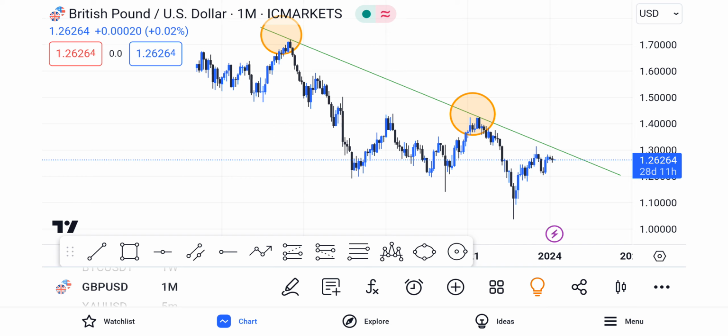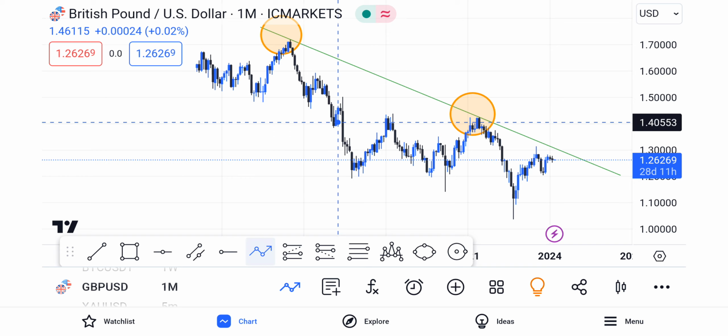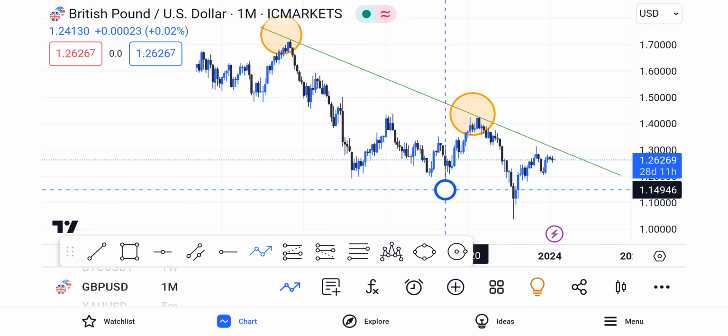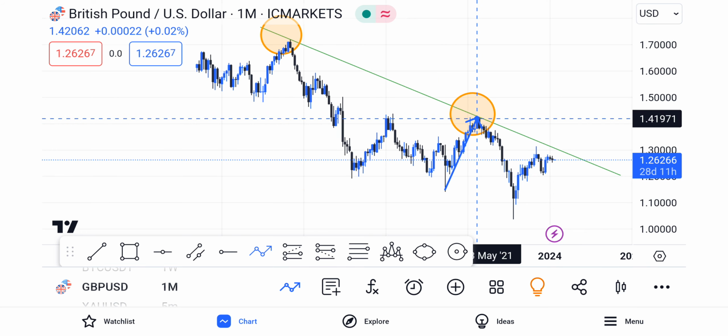So this is actually what we call a resistant trend line. Why do we call it a resistant trend line? We call it a resistant trend line because we see price lift from a low, come up, react on it, and get resisted. So it can also be called a ceiling. It is resisting price from going higher. That is, it is rejecting higher prices and pushing price back to the downside.